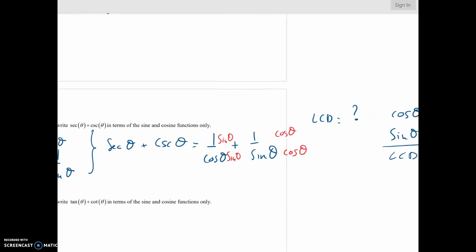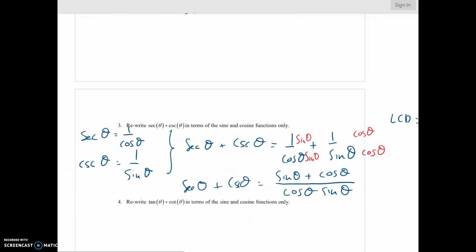So now I am with sec theta plus cosec of the angle theta equal sine theta plus cosine theta over cos theta sine theta. And that is the answer in writing sec theta plus cosec theta in terms of sine and cosine functions only.